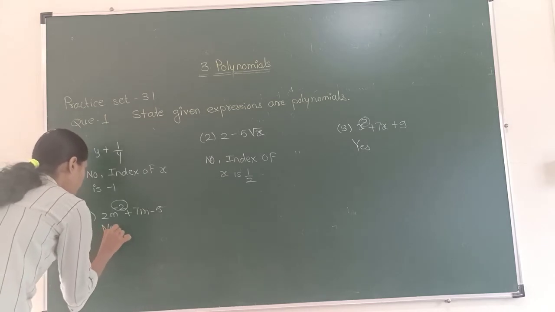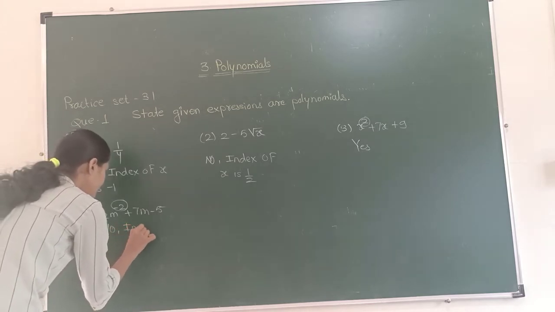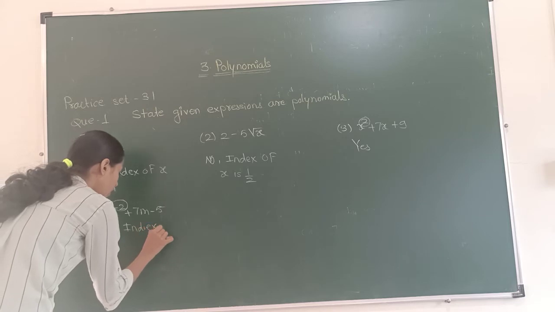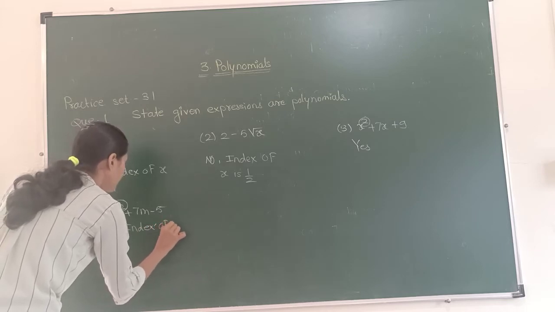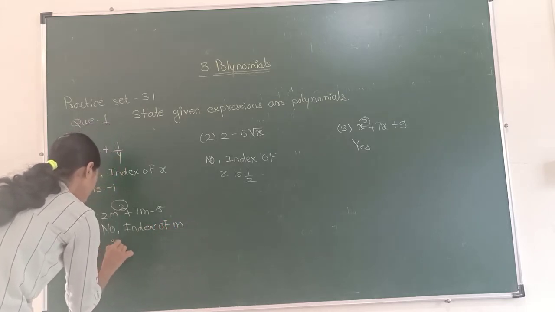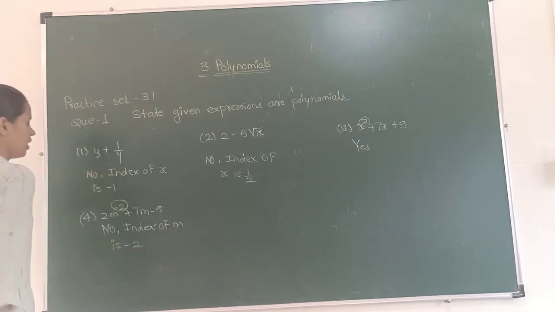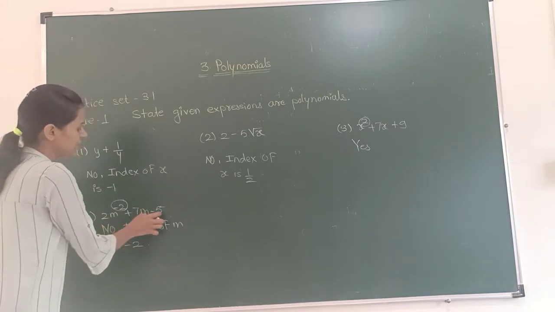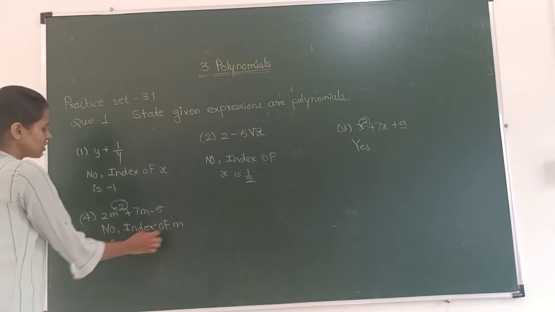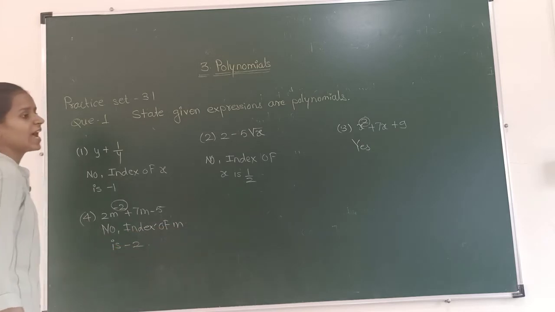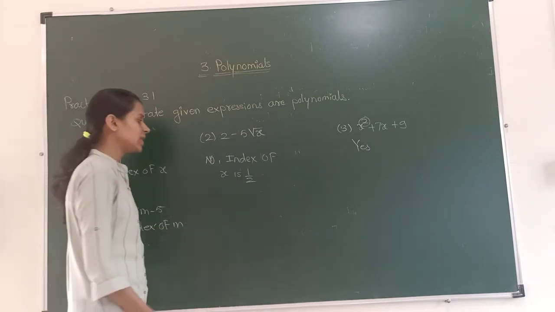So, no, because the index of m is minus 2. This algebraic expression is not a polynomial. Reason: the index of m is minus 2, whereas minus 2 is not a whole number.